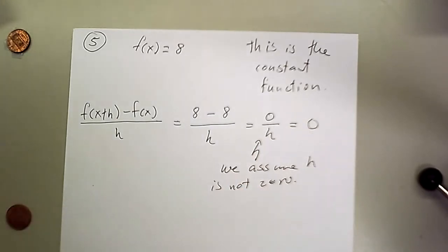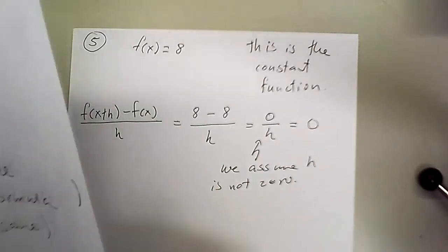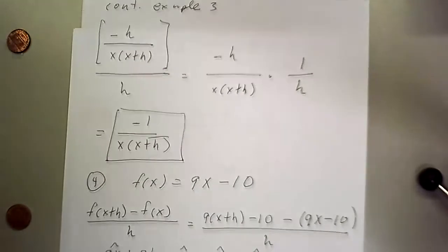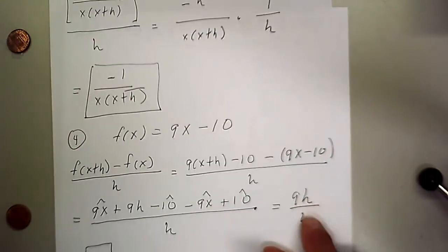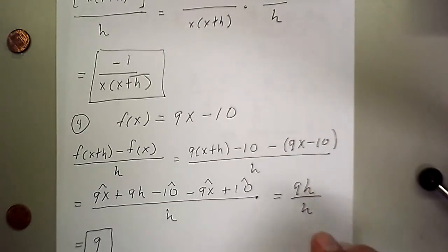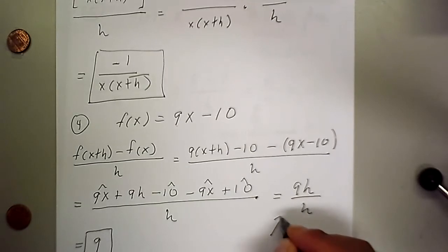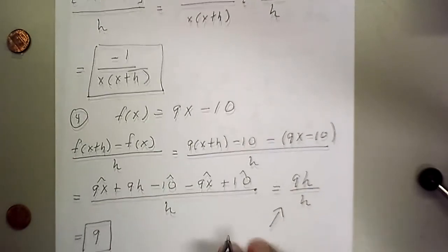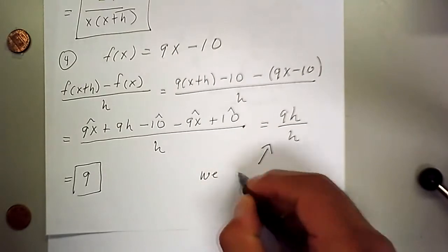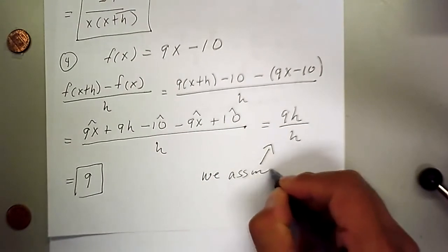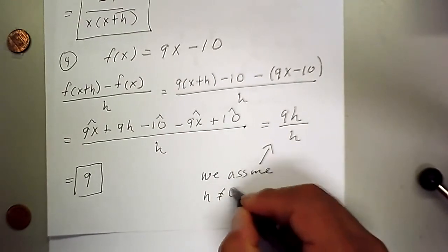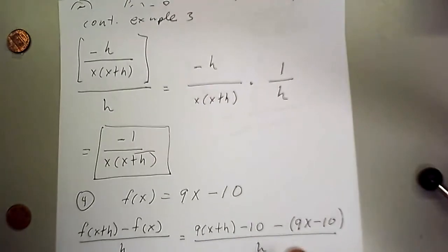As a matter of fact, that applies to all of the previous ones. Remember here, we simplified this h. The same assumption was taken. We assume h is not 0. That happens every time.